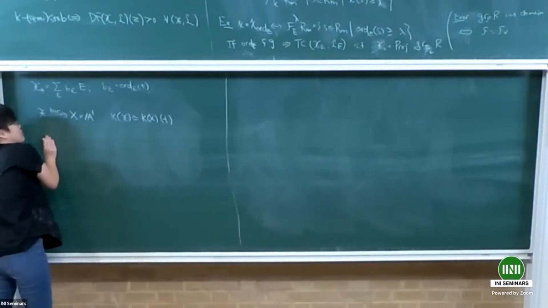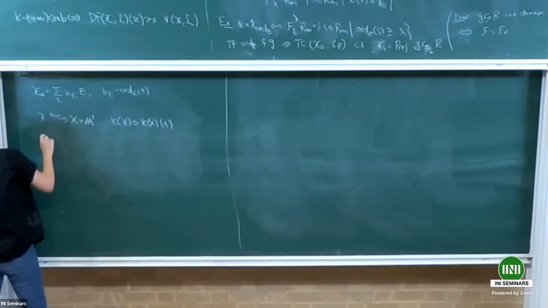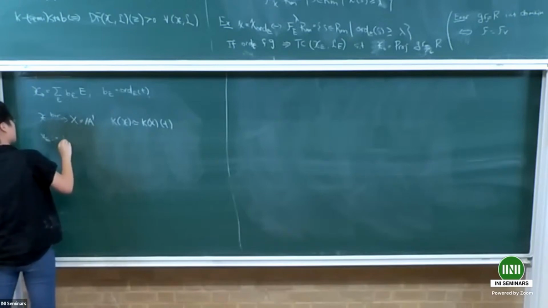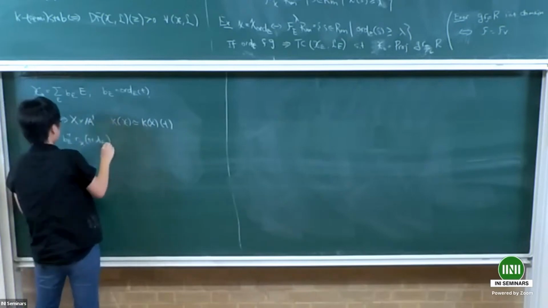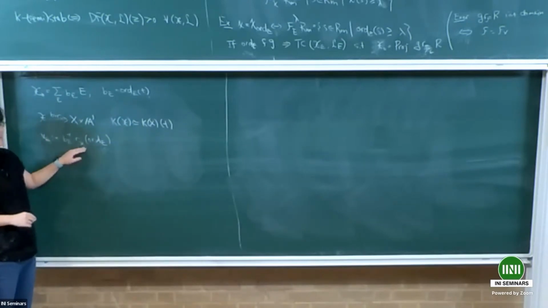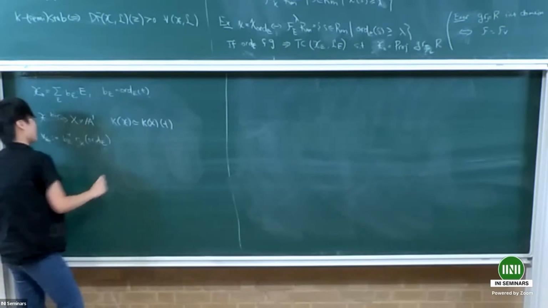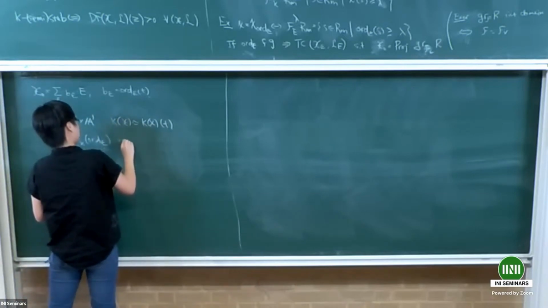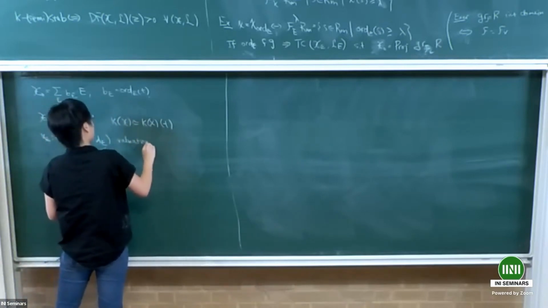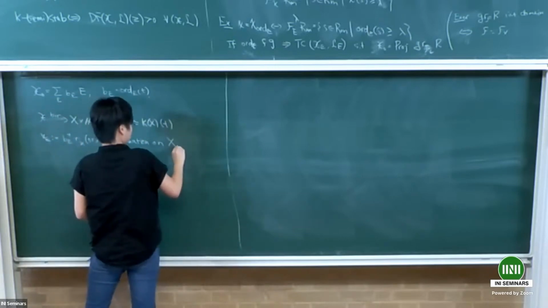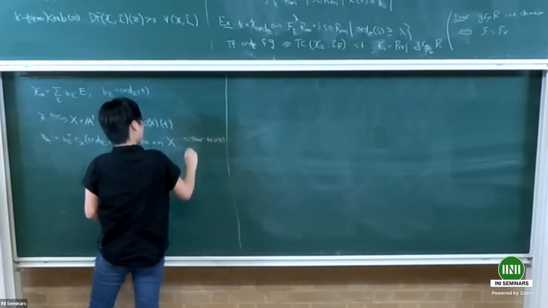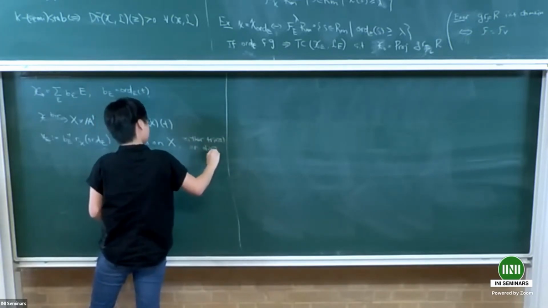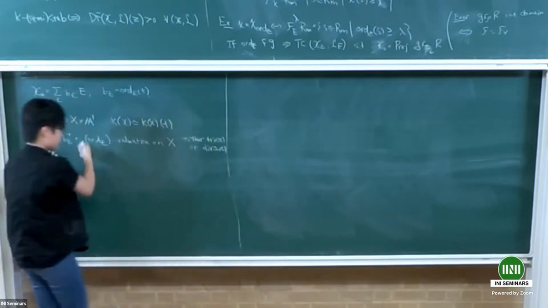So b sub E is defined to be a suitably normalized restriction. So this just means restrict this valuation back to X. And this is a valuation, in fact, either divisorial or trivial on X, as long as you start with something divisorial.